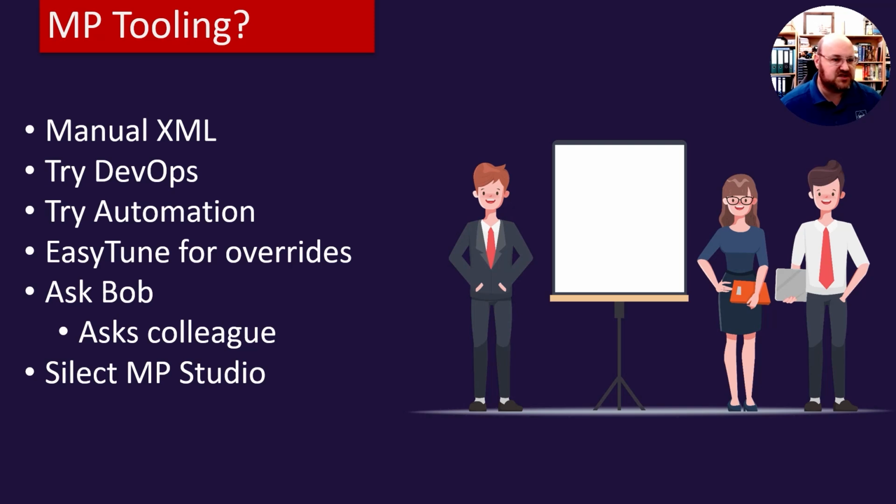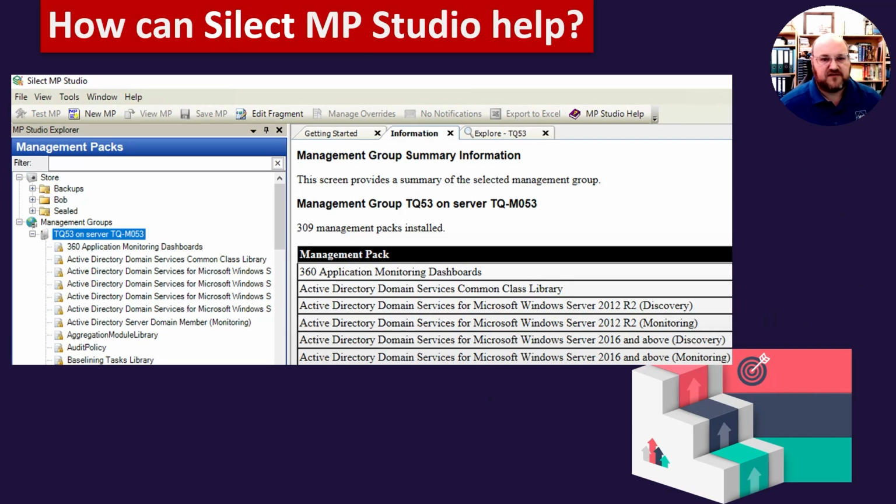So let me just show you a quick slide for the Select MP Studio. For example, also very useful if you are doing a multi-step migration in here. What Management Pack Studio does is it has a repository of sealed and unsealed management packs.